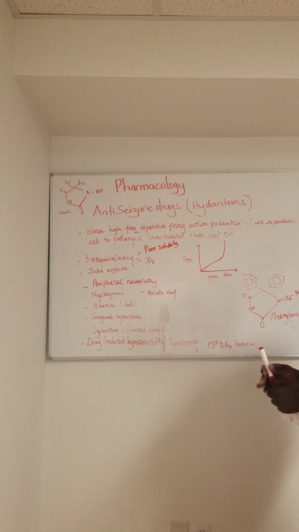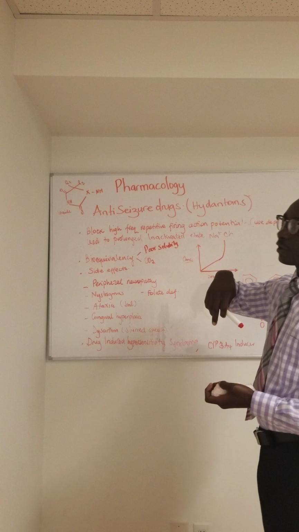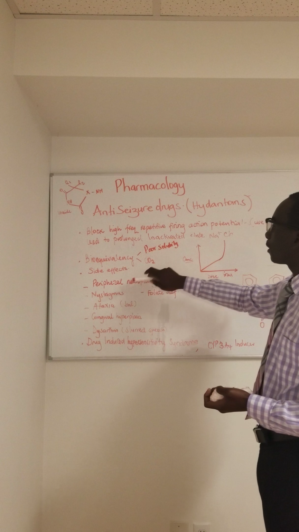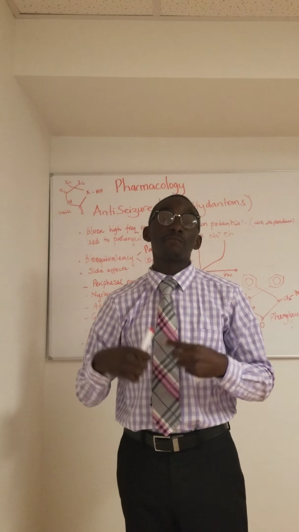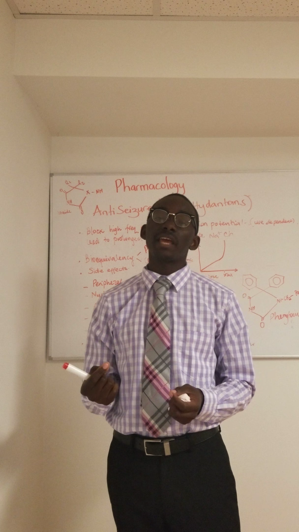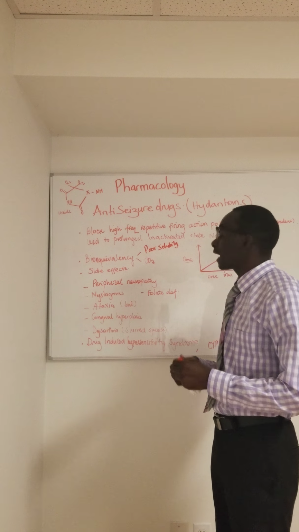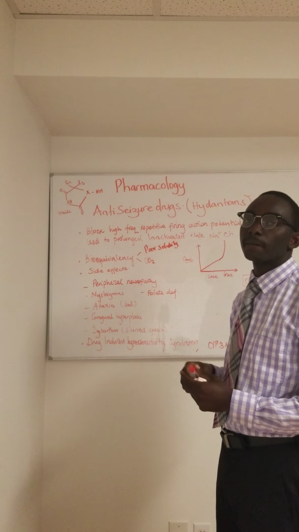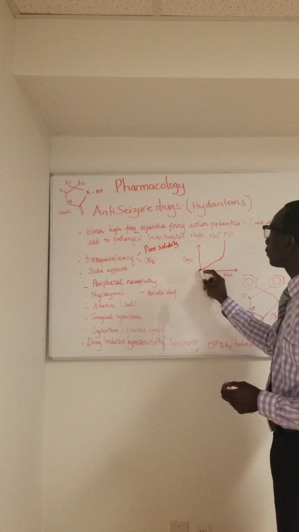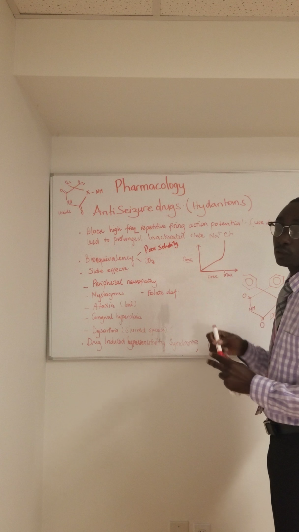Another bioequivalence point that I had forgotten to talk about is that phenytoin is very hard to dose, because any slight increment in a dose may lead to toxicity. At low doses, phenytoin will exhibit what we call first order kinetics, whereby any increase in dose leads to an increase in concentration in the blood.